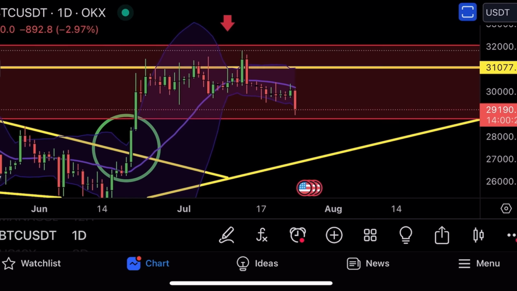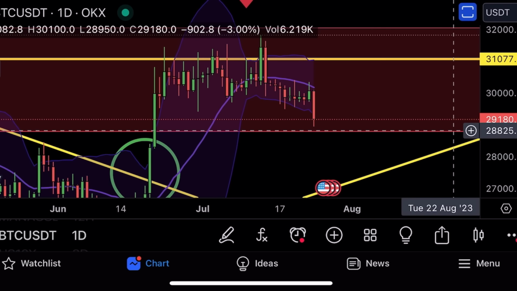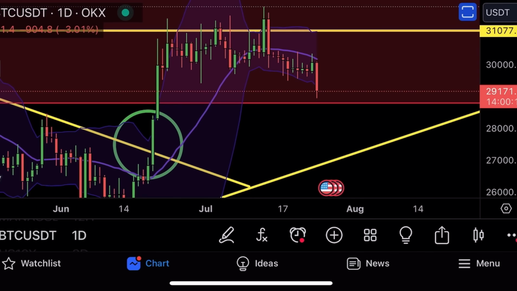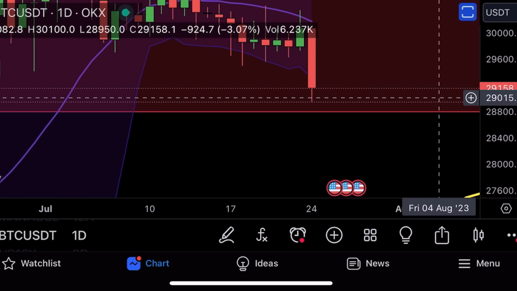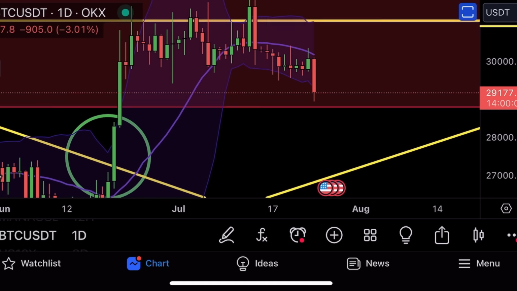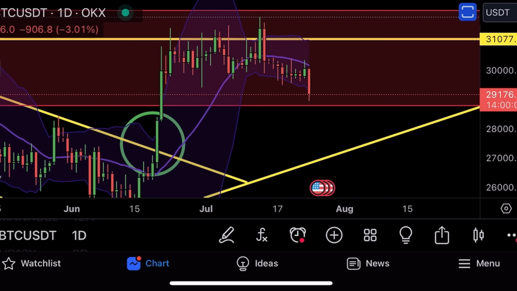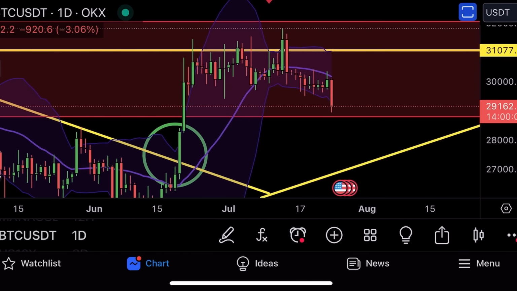So boom, now the chart is back to its old self. Now, I said that the move to 28,800 would be possible initially, and guys, we basically perfectly came down. Well, not perfectly. We're still a couple of $100 off that target, but we did almost come back down. I do think we will definitely touch this level for sure, and maybe see some consolidation over there.